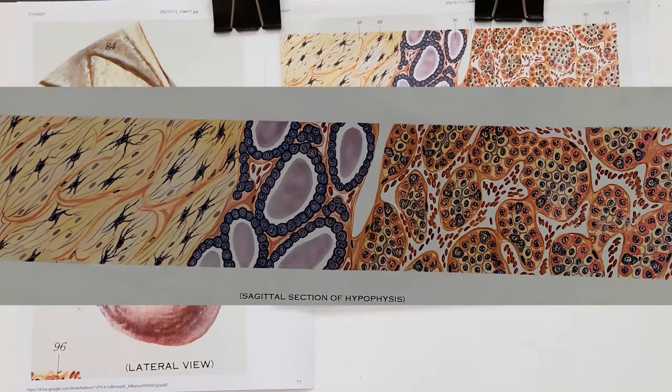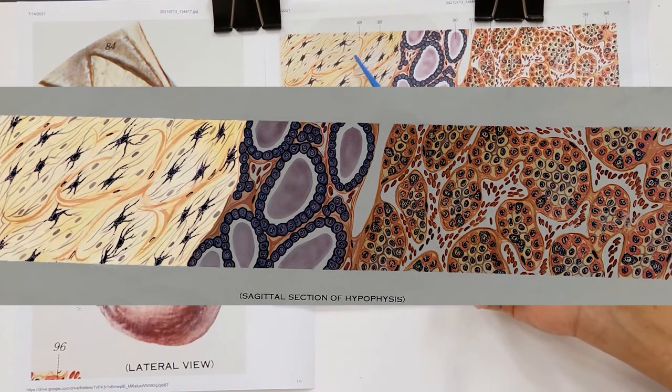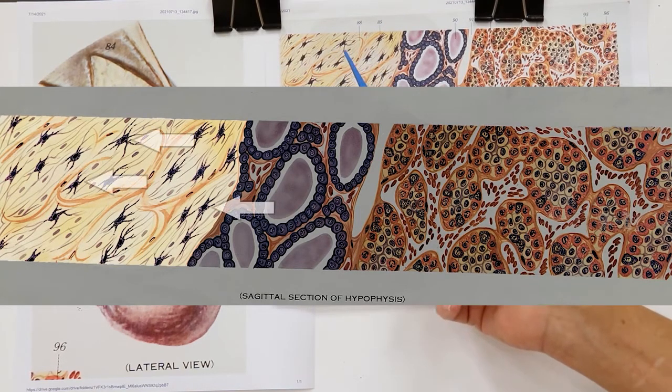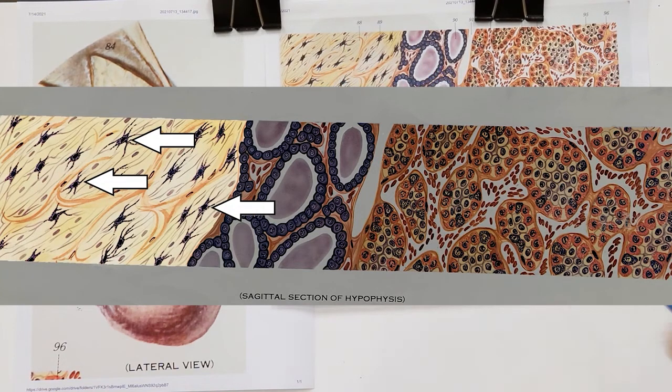So if you were to look at the histology, you would see that it kind of looks a little bit like neural tissue. It doesn't look like glandular tissue. So these would be the cells that contain the hormones of the posterior pituitary gland, which are oxytocin and ADH.